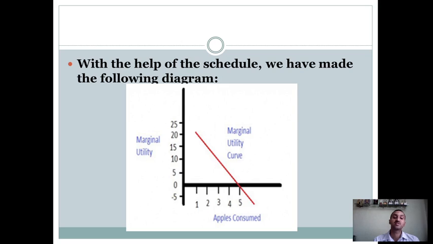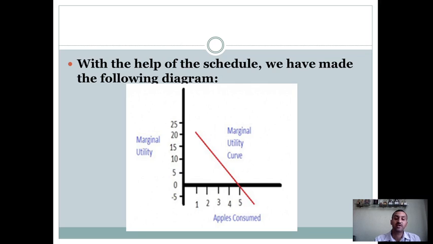When we plot this utility schedule, we will get a diagram. When a person consumed the first apple, his marginal utility was nearby 25. When he consumed the second apple, it came to 20.